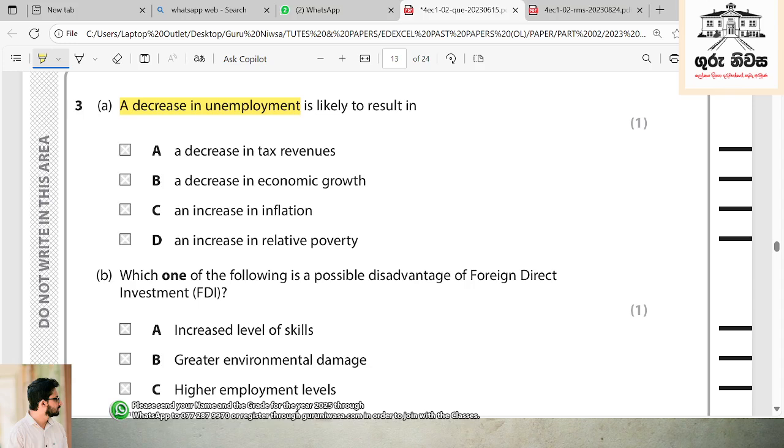Relative poverty means, for example, your family and Dhammika Pereira. Do you know him? He owns DP Education, a businessman, one of the richest men in Sri Lanka.